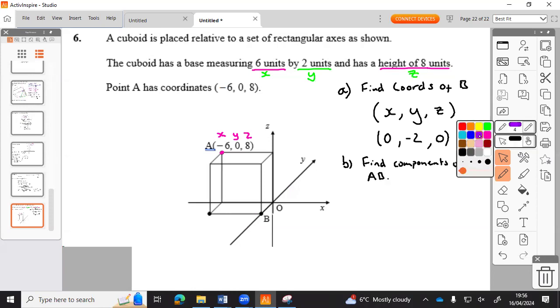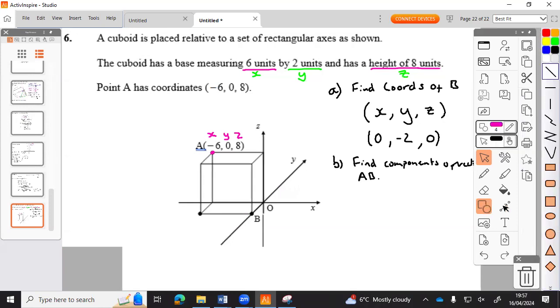Vector AB is essentially connecting points A and B. So we drew a straight line inside that cuboid that connected A and B. The components tell me about that movement. So it tells me how far I've moved on the x-axis, how far I've moved on the y-axis, and how far I've moved on the z-axis.